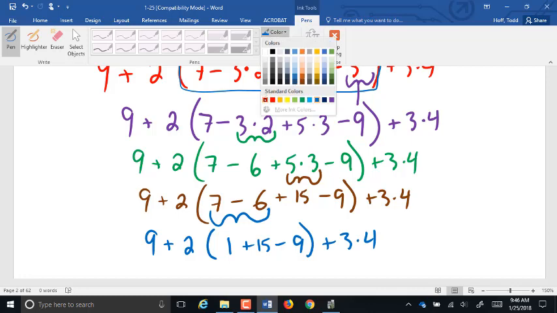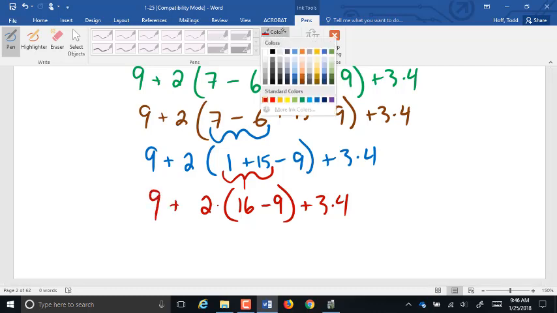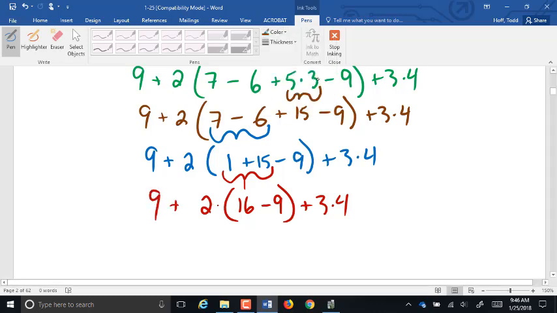And then 1 plus 15, which is 16. So we replace that. And now all that's left in there is 16 minus 9, which is 7.